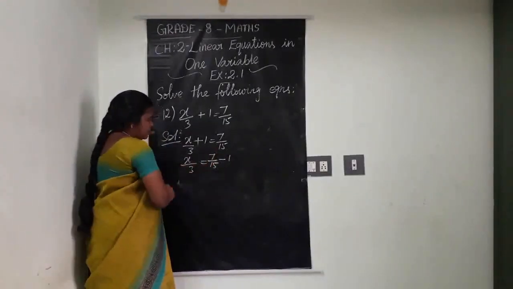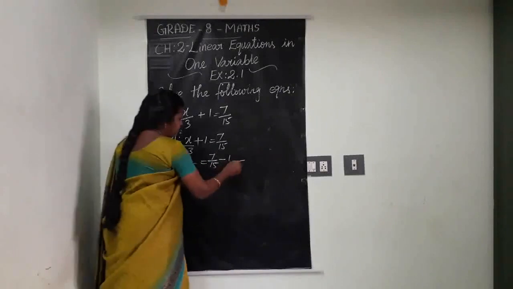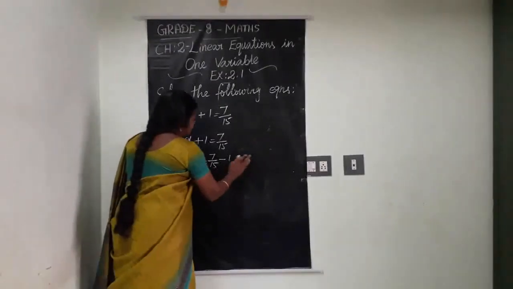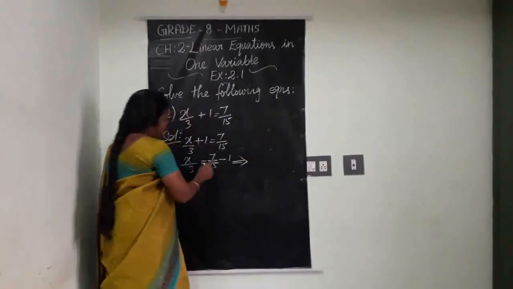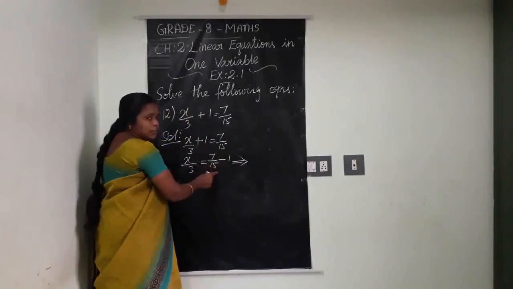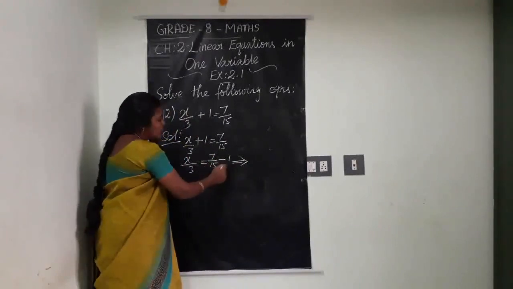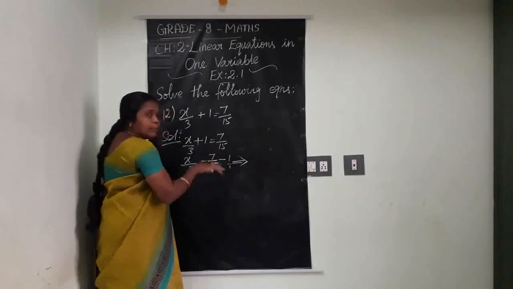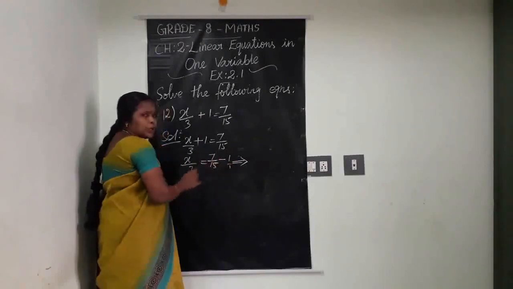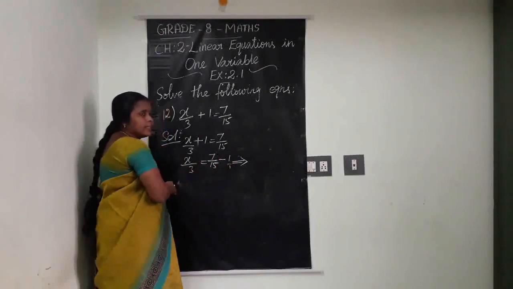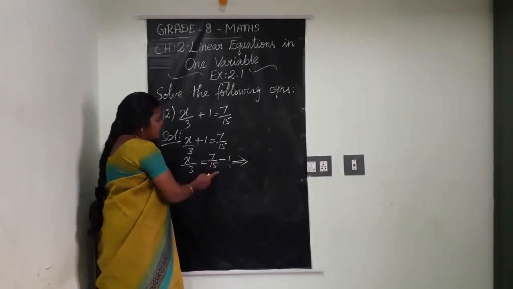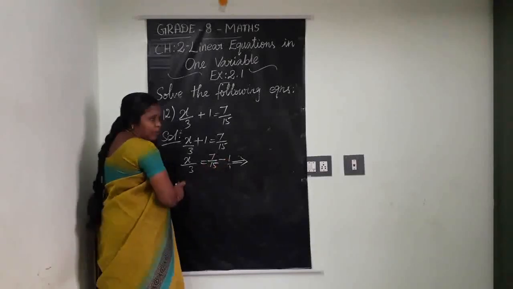How to simplify this side? See, this is a fractional number, this is a whole number. How do you simplify? By putting 1, it becomes a fraction. This solving work you know already, we discussed it in the rational numbers chapter. So easily we can solve 7 by 15 minus 1 by 1.